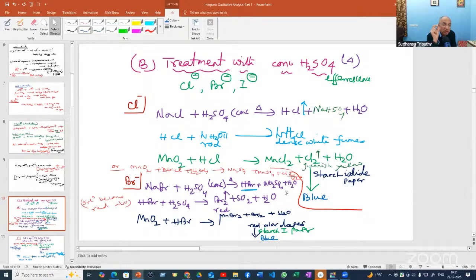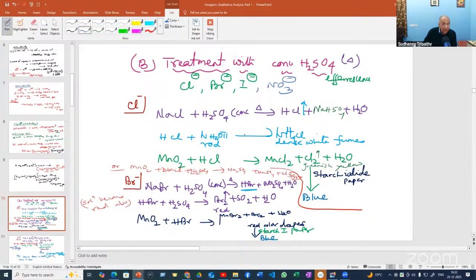Take 1 cc of conc. sulfuric acid and add a pinch of the salt, and you have to heat. By default, you have to heat. Remember, this category contains chloride, bromide, iodide, and nitrate. Don't write anything. I'll give you the file. Just try to understand. So if it is chloride, then you will get HCl first.